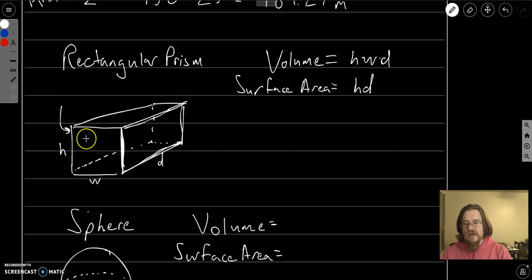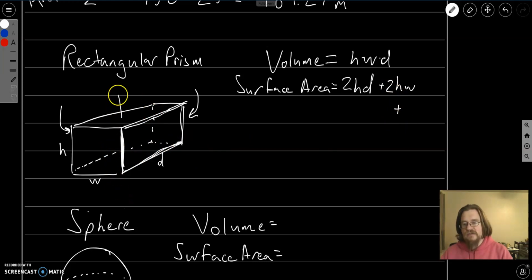So this guy right over there. And that one is also going to have length D and height H. So there's two of those sides. We also have the front up here, and that's going to be H times W. But we also have the one in the back, and again, the height is H and the width is W. So we'll have two of those.